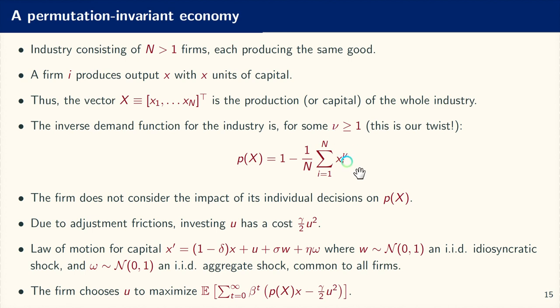If nu is equal to 1, then this is just the mean. The model in that case is going to be solvable using the linear quadratic optimal regulator. When nu is larger than 1, the distribution of x's will matter, and then we will need to solve the model using some type of nonlinear approach.